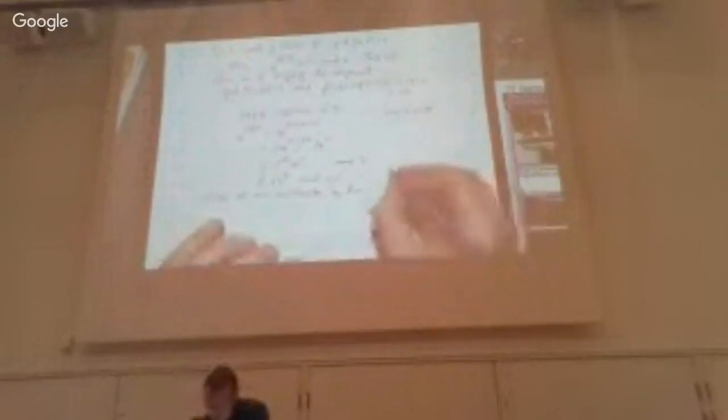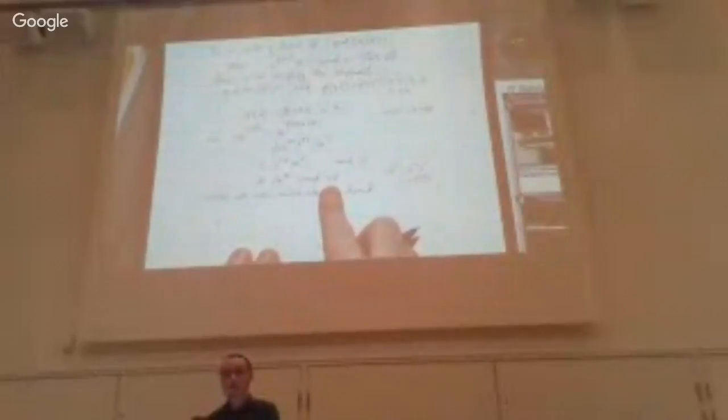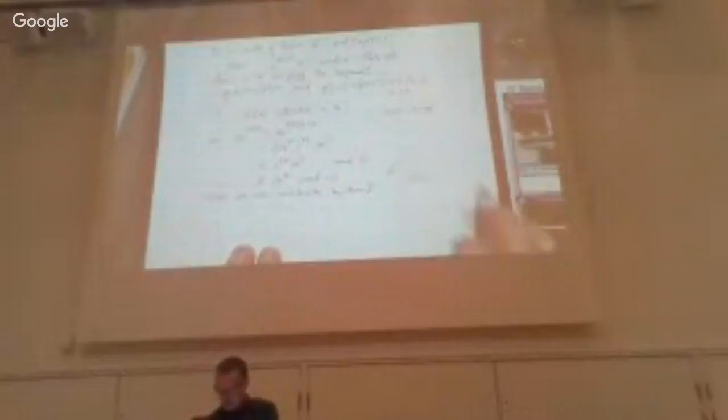Well, 14 is 2 times 7, so 14 to the 4 is going to be 2 to the 4 times 7 to the 4. 2 to the 4 is 16, 7 to the 4 is 49 squared. 7 squared is 49, which modulo 25 is minus 1, isn't it?